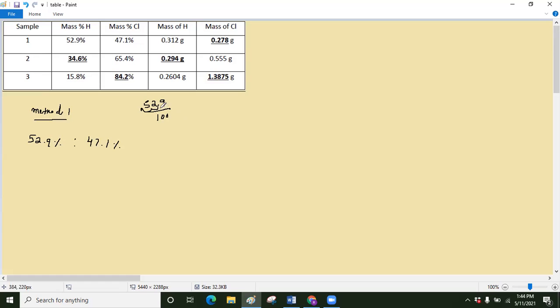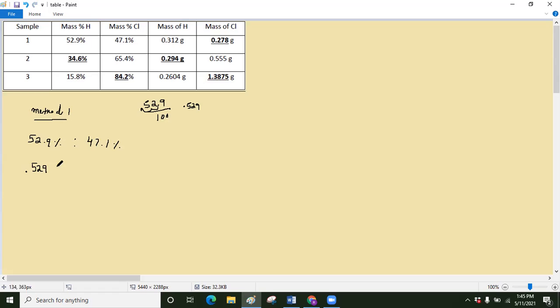So 52.9 here, if we're dividing by 100, we're going to move that decimal point 2 places to the left, and we're going to get 0.529. Not over 100, because we've already taken into account the fact that there is a 100 present. That's the decimal equivalent.